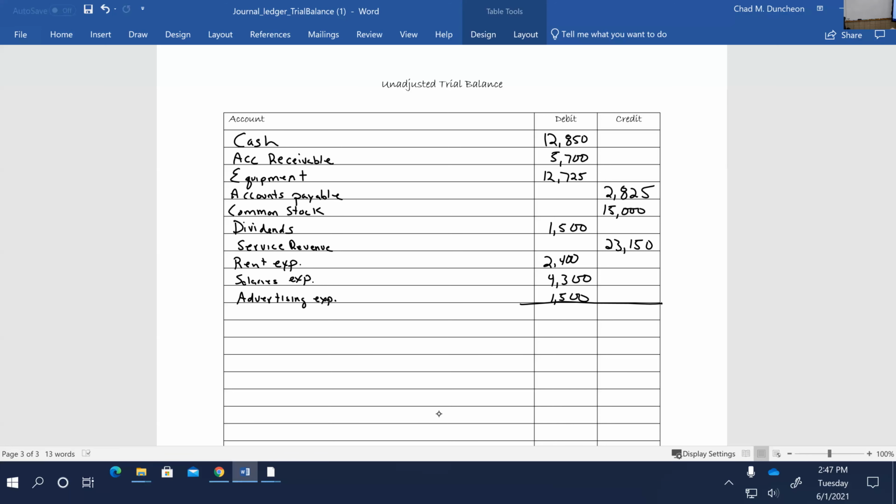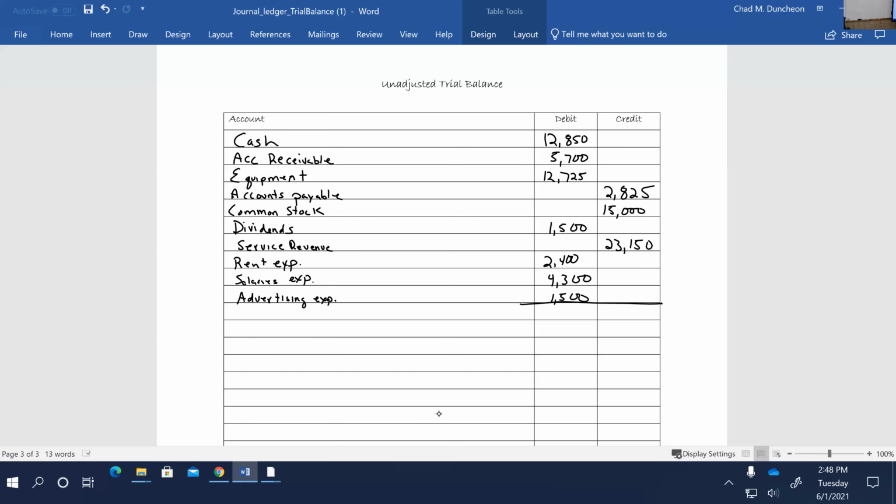Now that we have everything onto our trial balance, the last thing we want to do is add everything together to make sure that we actually do balance and we do not make a mistake anywhere, putting something on the wrong side or transposing any numbers.